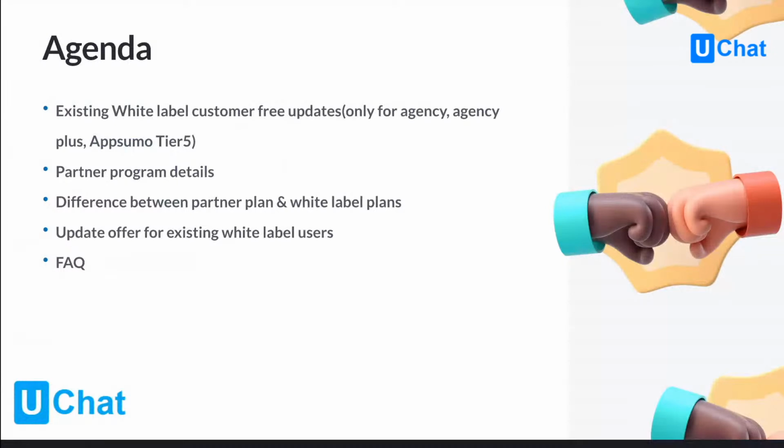Then I will talk about our partner program a little bit, and then the difference a lot of the users are waiting for. They are trying to figure out what's the difference between the partner plan and the agency plan we previously launched, right? And also at the end of this live, I'm going to offer the discount updates for the existing white label users. Okay, so now let's get started.